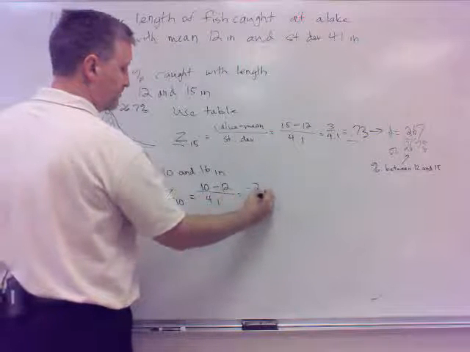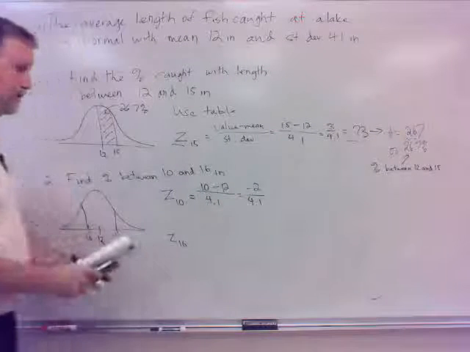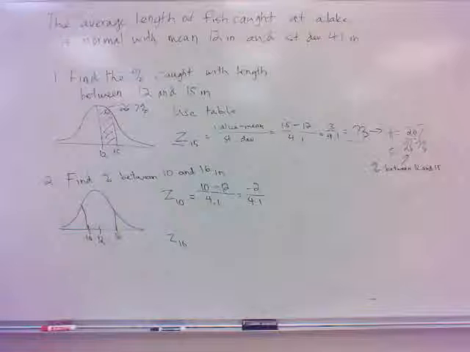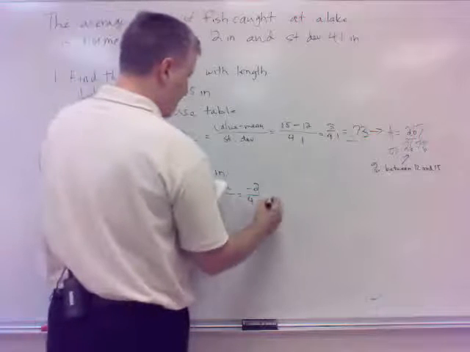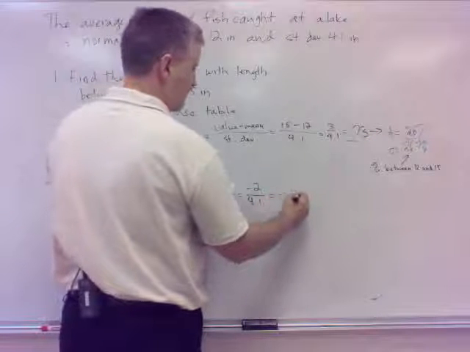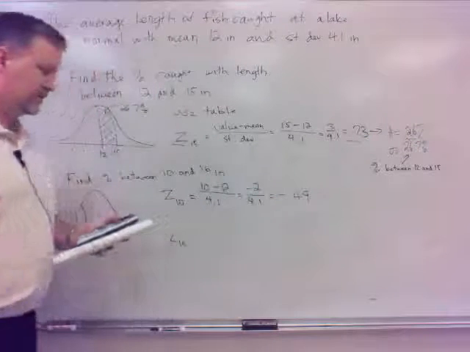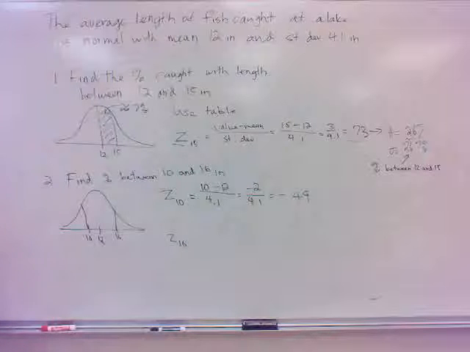So I have negative 2 divided by 4.1, again to 2 decimal places. It's 0.487, so I'd round it to negative 0.49.